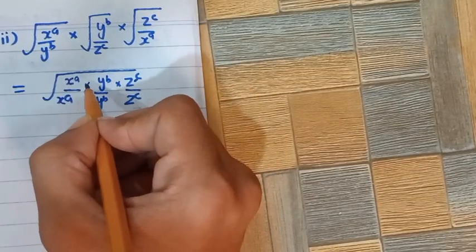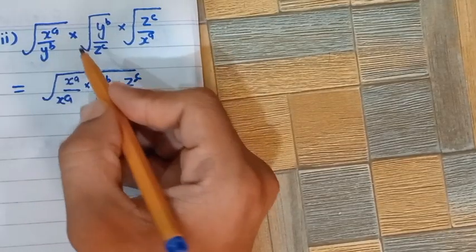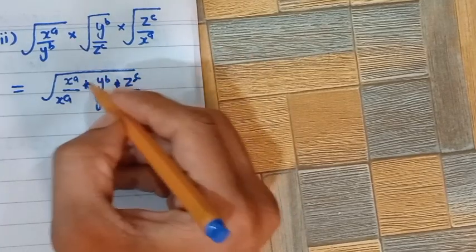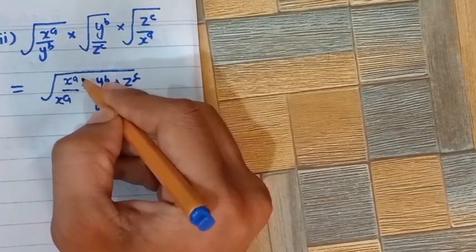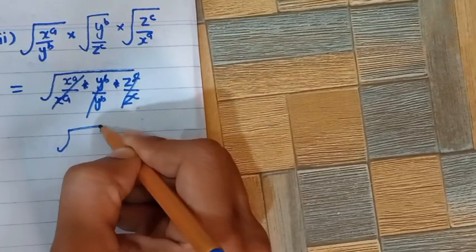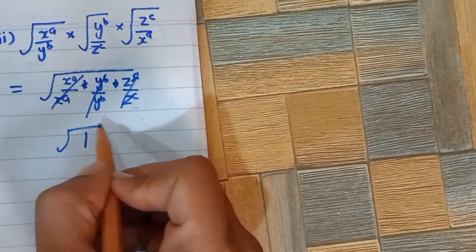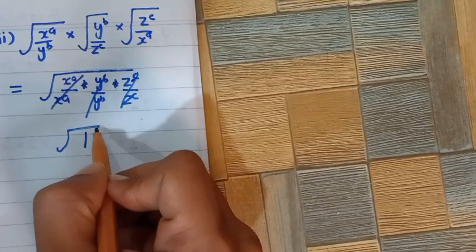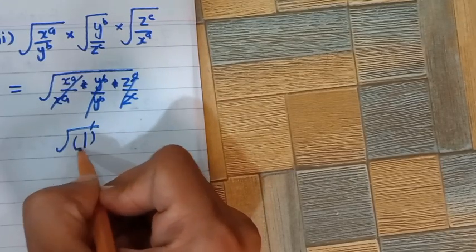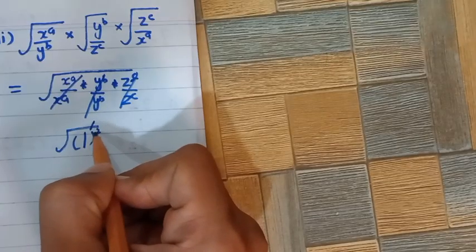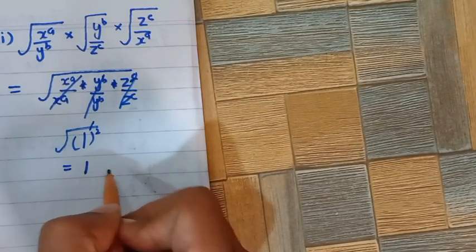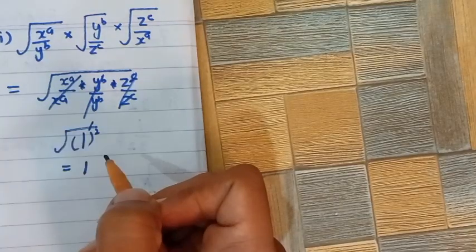Sorry, as I told you before, if the bases are the same we will add the powers, then these will be cancelled with each other. So what will remain? Under root 1. Under root 1 is a perfect square, so it will be cancelled. So 1 will remain, so 1 is the answer.